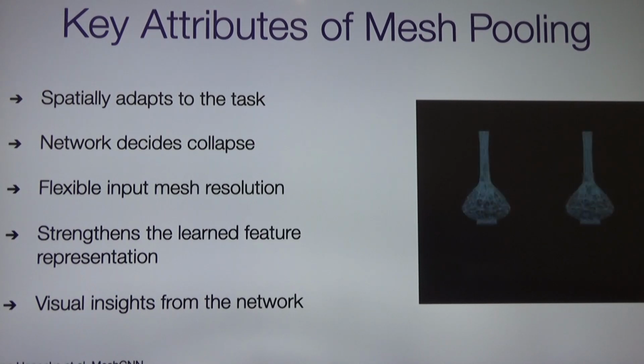The goal is to segment out a part of this volume here, and this is what the mesh pooling does. It starts removing parts of the mesh, that is edges, that do not correspond to the class being predicted. So the goal is part segmentation with meshes.